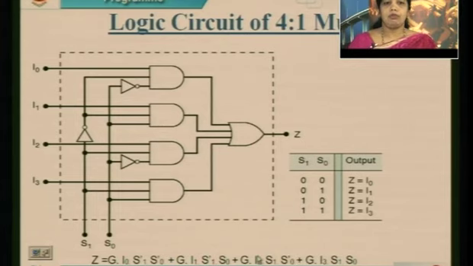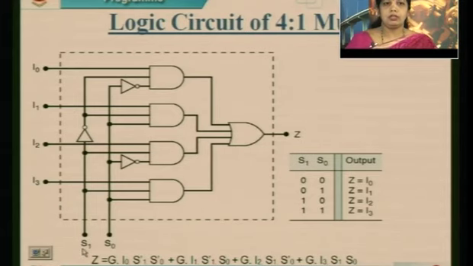We have 4 terms here, so we have 4 AND gates and an OR gate. The dot represents a NOT gate. Selection lines are connected to each gate, and each input line is connected to a single AND gate.